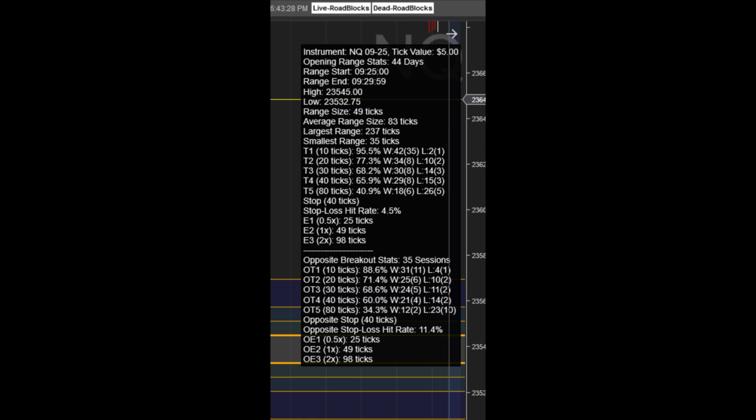But we had 35 of these 44 days. It went out both sides of that range. So in this case, we had an 88% win rate as far as taking the opposite side of the range. So again, we have all of these stats here that you can tailor your strategy to fit your needs.